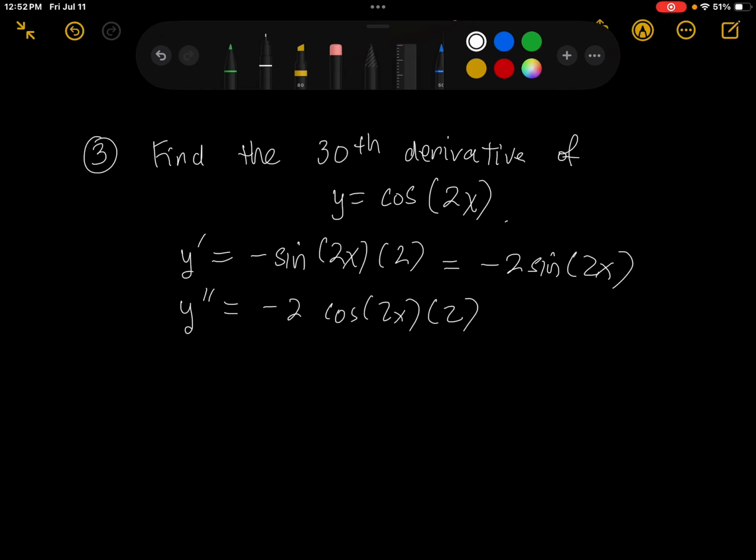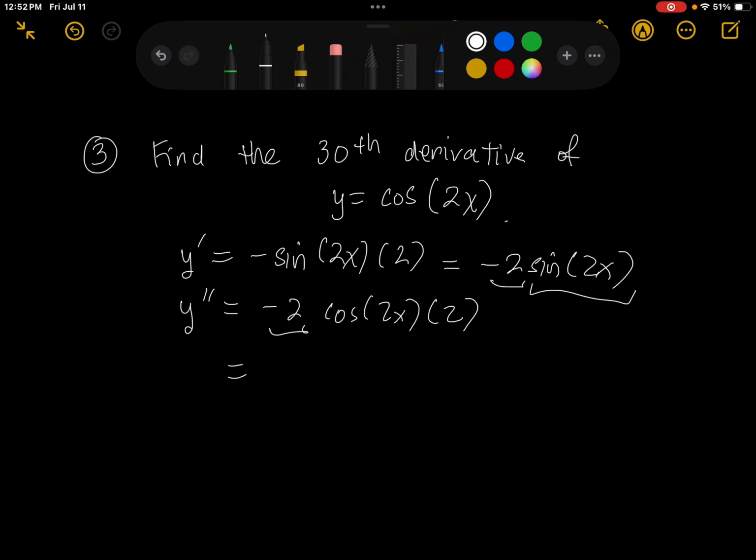Because when I have a constant times a function and I want to differentiate that, I can move the constant out. So I have a negative 2, and then I have to multiply by the derivative of sine of 2x. And for that, I use the chain rule again. I get cosine of 2x times 2.